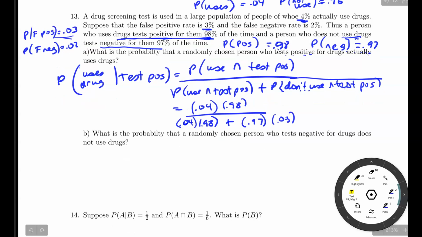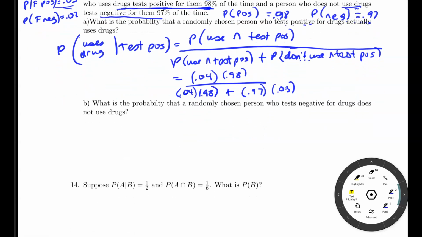Phew. Okay. What is the probability that he tests negative for drugs? That is, the probability of no drugs given that you test negative.